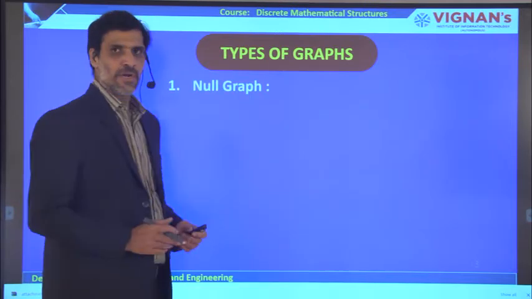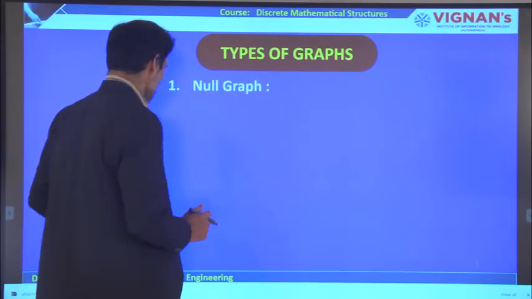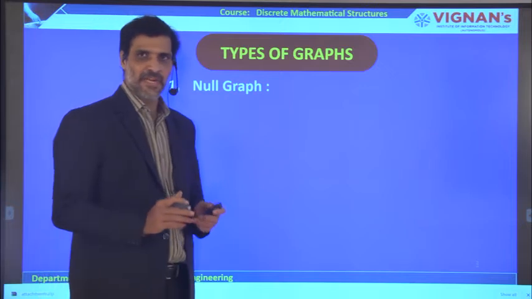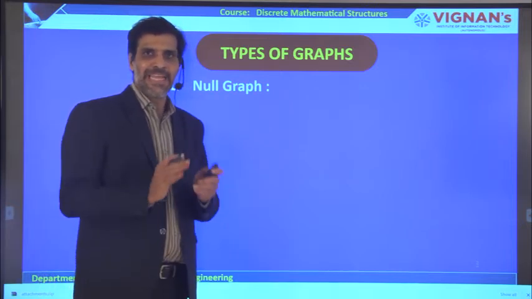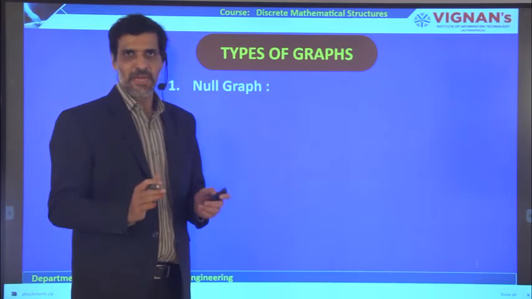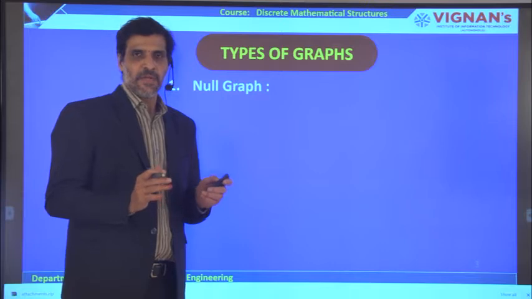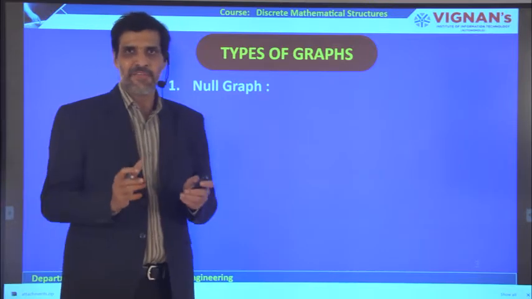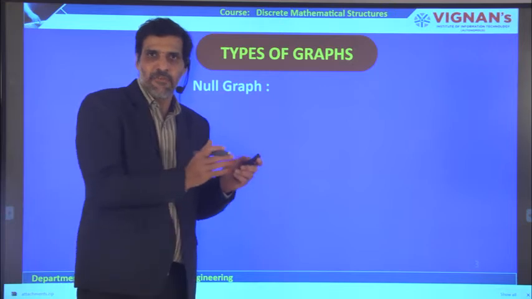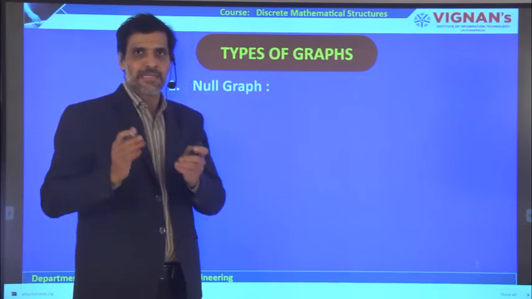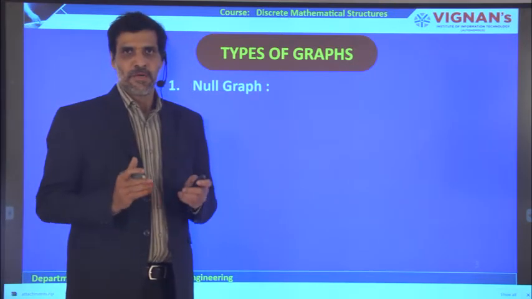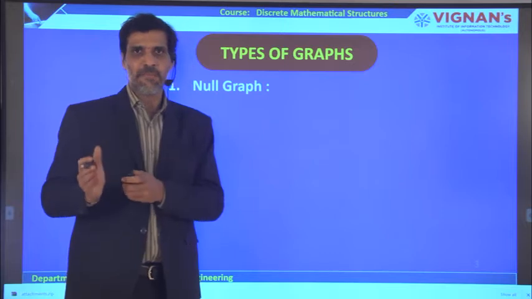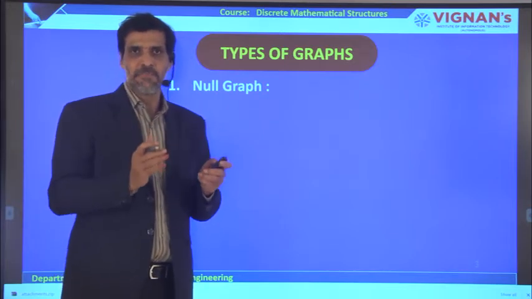The first one is called the null graph. So what is a null graph? A null graph is a graph which does not contain any edges. Remember that while we defined the graph, we defined that a graph is a non-empty set of vertices and a set of edges. So the edges may be empty but the vertices may not be empty.